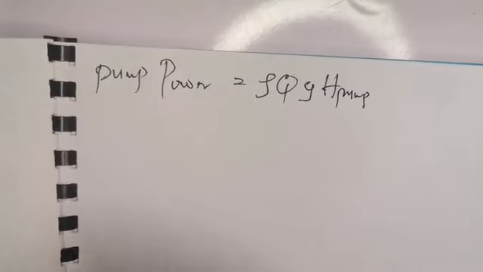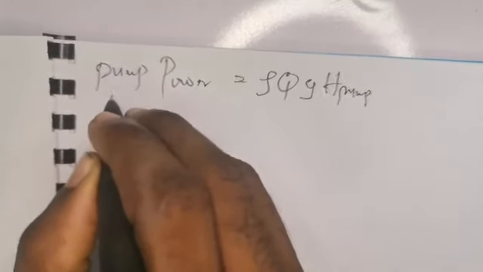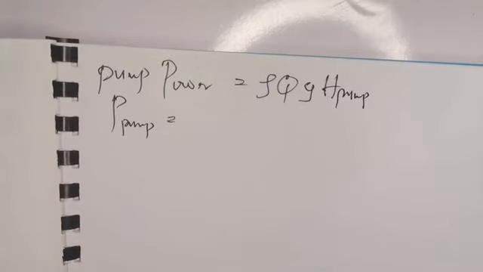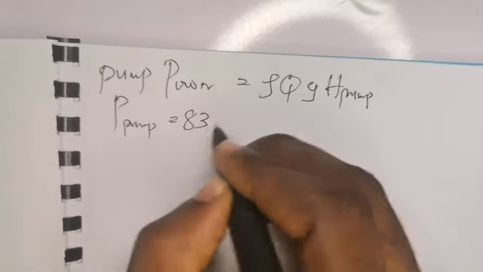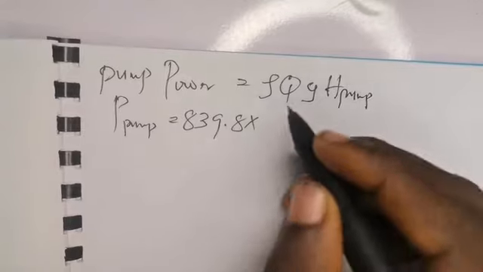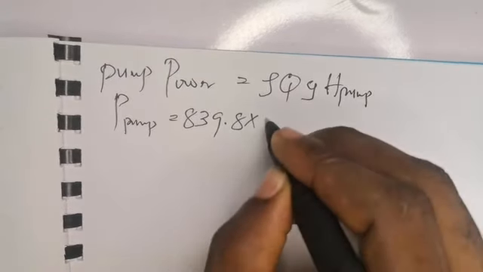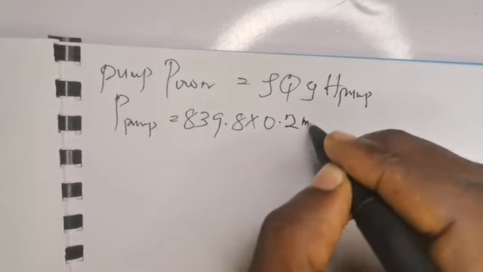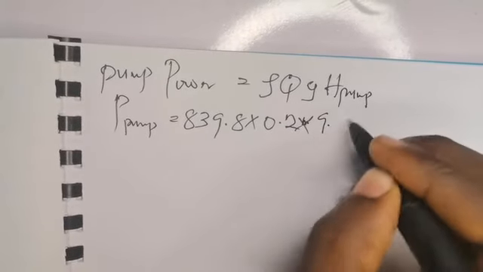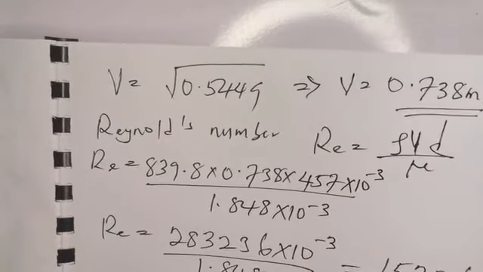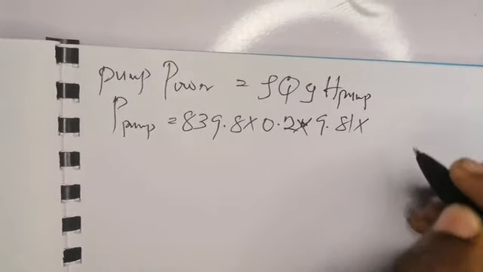So pump power is equal to density, which was given in the question as 839.8, multiplied by the discharge, given as 0.2 meter cube per second, times gravity, 9.81, times the pump head loss, which we just found to be 85.2.